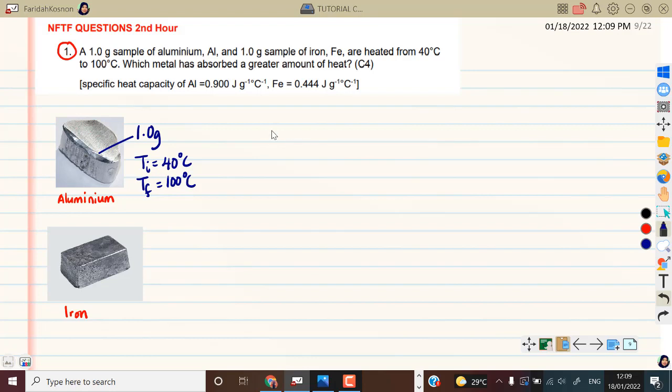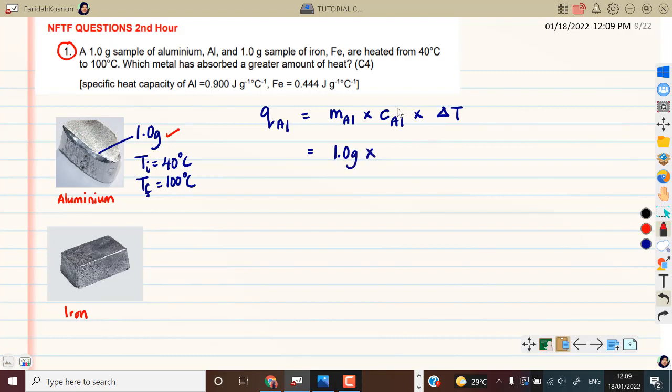So how to calculate the heat absorbed by aluminium? We have this relationship. Heat absorbed by aluminium is equal to the mass of aluminium times the specific heat capacity of aluminium times delta T. You may substitute the values. We have 1.0 gram of aluminium.